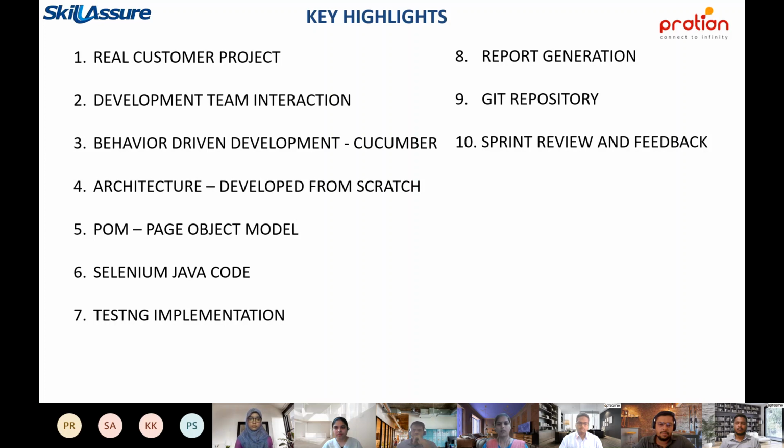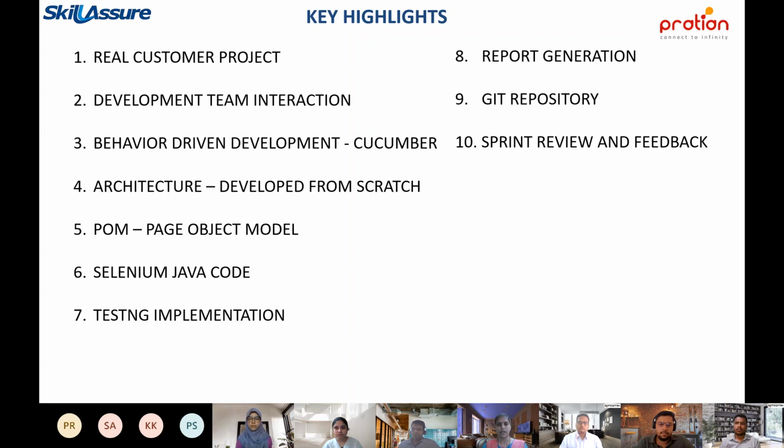We use the Java language for coding, and we start implementing our test cases. After the execution of test cases, we generate the report through TestNG. After all execution and report generation, we push our project to the Git repository. And after that, we had a sprint review and feedback.